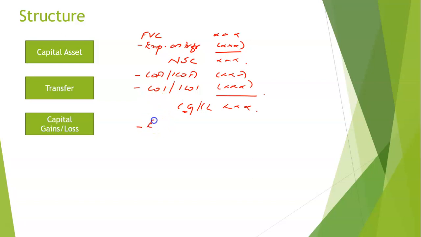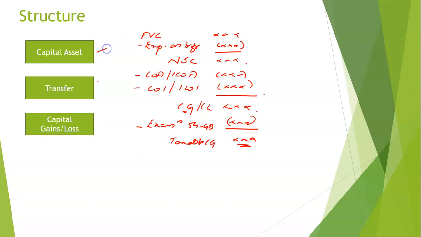So if we have any exemptions or deductions under sections 54 to 54GB, we take that out as well, and finally we get the taxable capital gain.